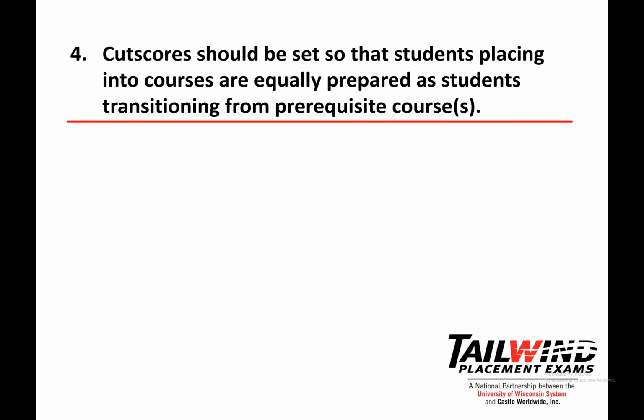The fourth point is that cut scores should be set so that students placing into courses are equally prepared as students transitioning from the prerequisite course. One of the concerns that we have with looking at final grade as an indicator of placement accuracy is that implicit in that approach is this assumption that with correct placement everyone or nearly everyone can be successful.